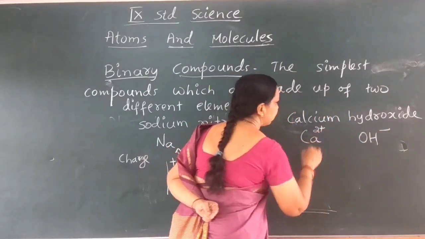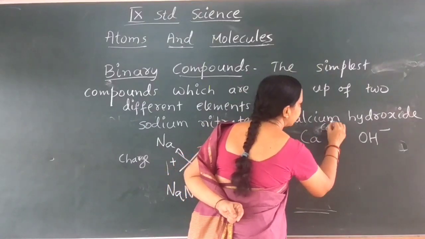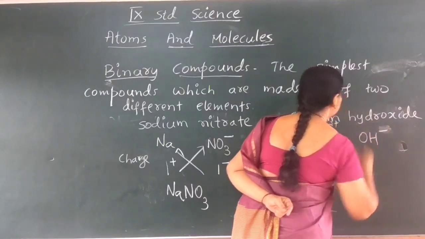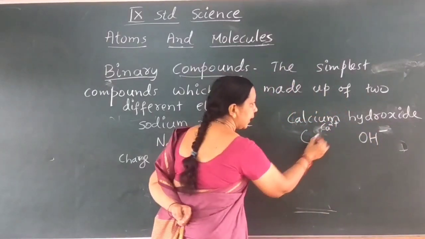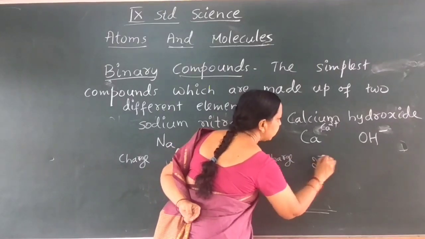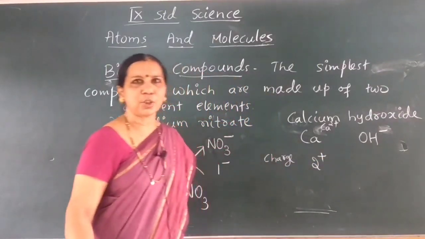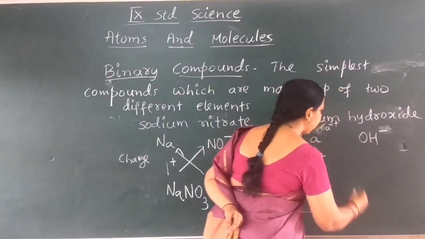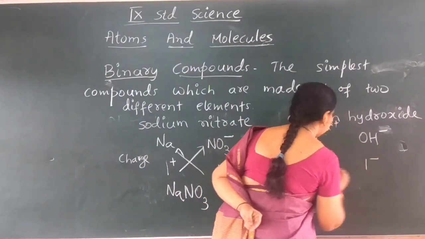Here Ca2 plus means what is the charge? The charge is 2 plus. Charge of calcium ion is 2 plus and charge of hydroxide ion is 1 minus.